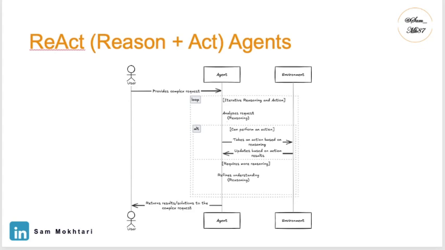A ReAct agent in such a situation can handle all these different aspects of the task by reasoning through each step. It remembers past actions and adapts as new information becomes available. This whole iterative process of reasoning and acting ensures a comprehensive and accurate response is generated for the user.